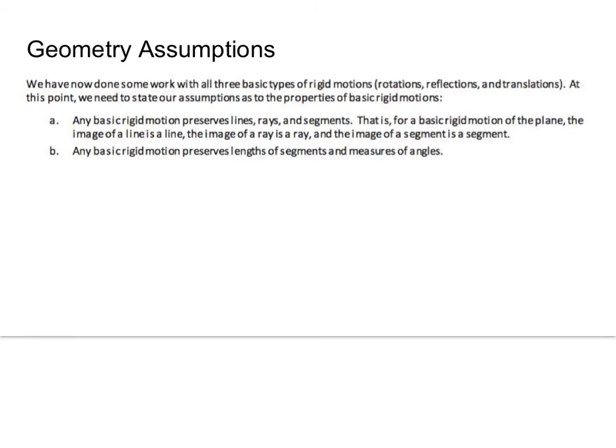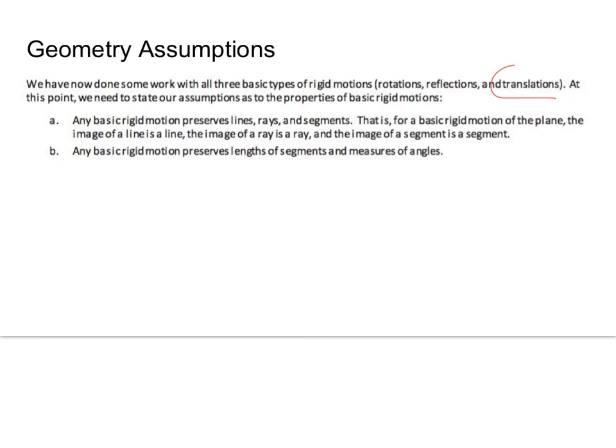That is, for a basic rigid motion of the plane, the image of a line is a line, the image of a ray is a ray, and the image of a segment is a segment. Any basic rigid motion preserves lengths of segments and measures of angles. So you're not going to change a shape. You're pretty much going to just move it.